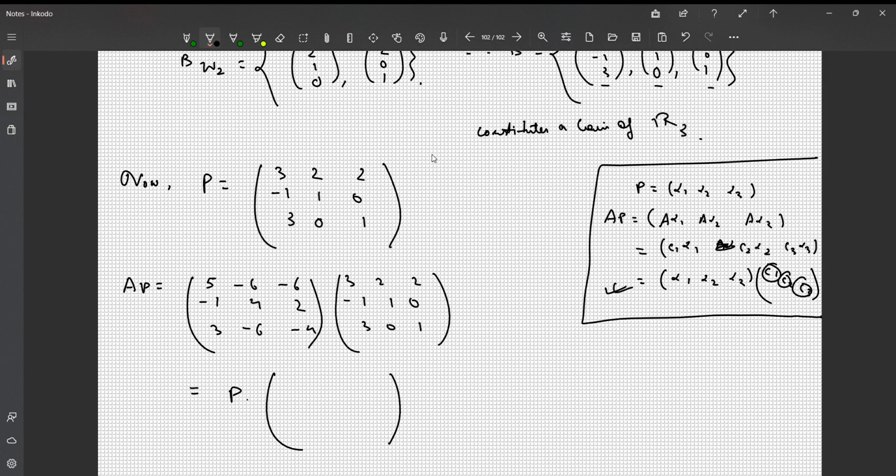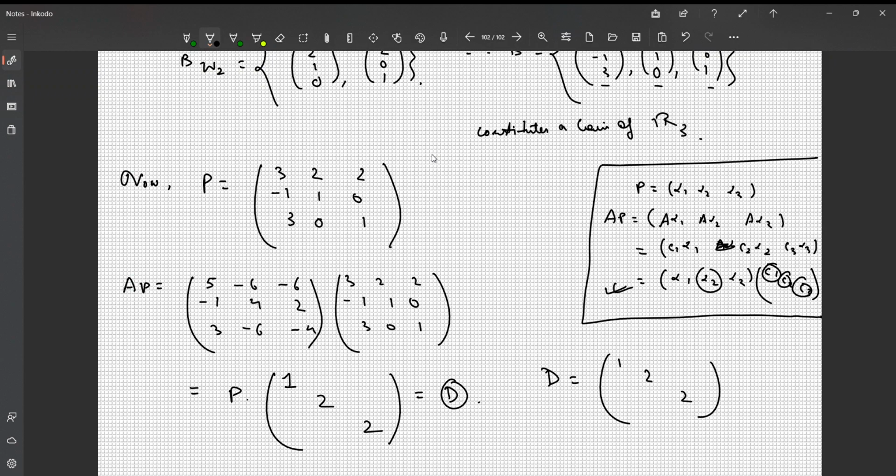Each eigenvalue corresponds in order with the eigenvector present in the P matrix. The first column of P is the eigenvector associated with the eigenvalue 1, so we have 1 here. The second diagonal element, the second eigenvalue, corresponds to the second column of P, an eigenvector corresponding to the eigenvalue 2. So we have 2 here, and analogously 2 here again. So this is your diagonal matrix, D is 1, 2, 2.